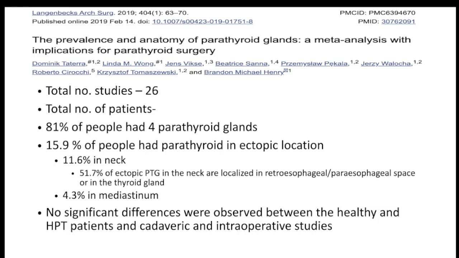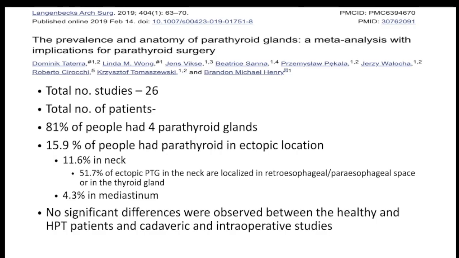There have been multiple studies, and one of those has been shown to you. This is a meta-analysis comprising about 26 studies, containing a lot of patients, 81% of which had only 4 parathyroid glands, thus making it the most common configuration.